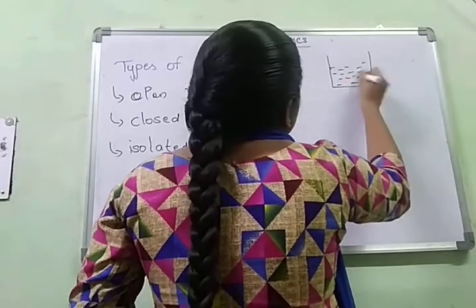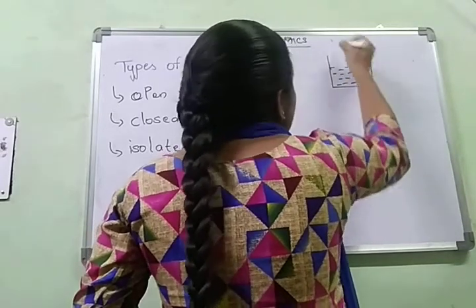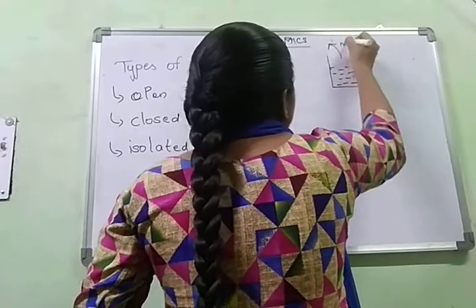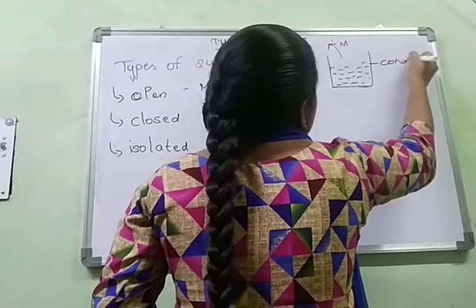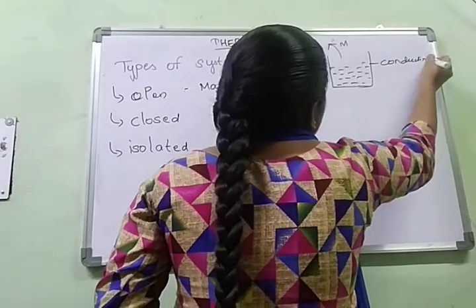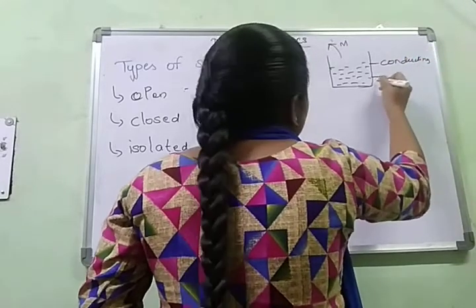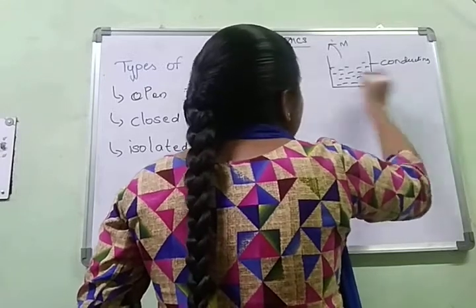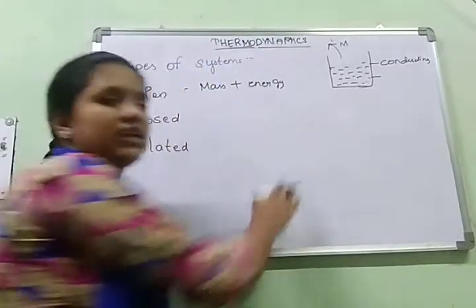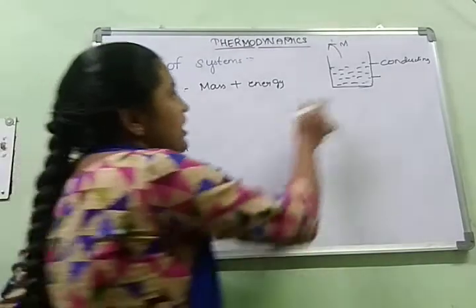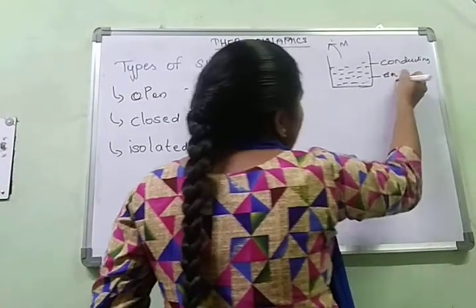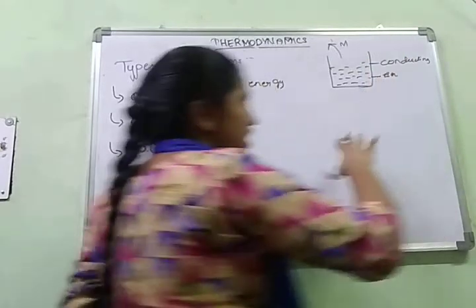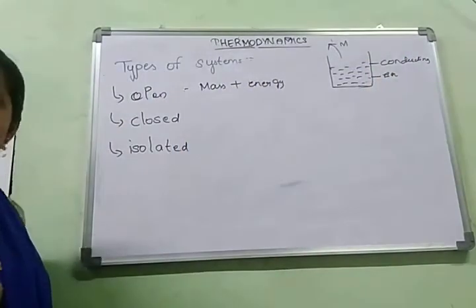Due to temperature, the mass can exchange. As it is made up of conducting material, heat can flow easily. So here energy can exchange. Therefore mass and energy exchange takes place in an open type of system.